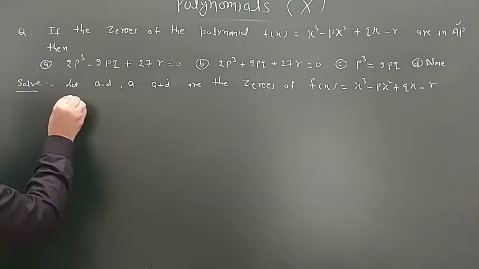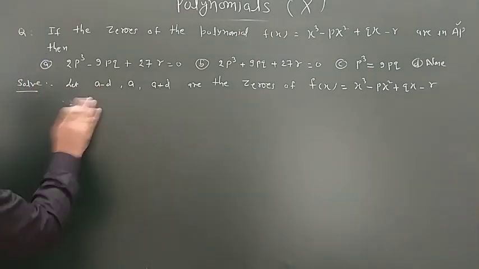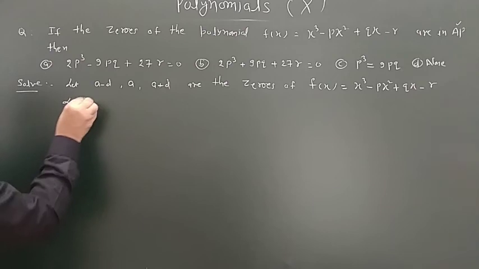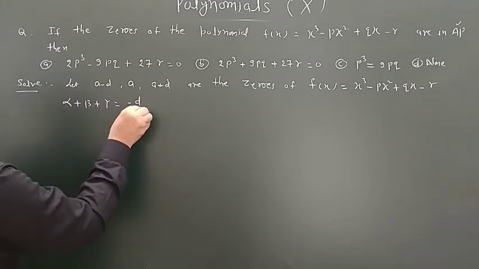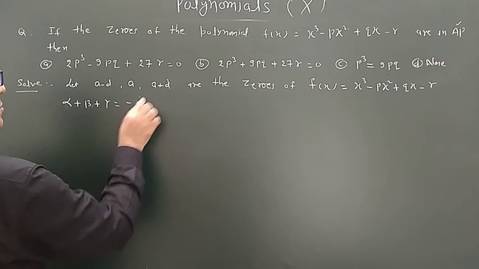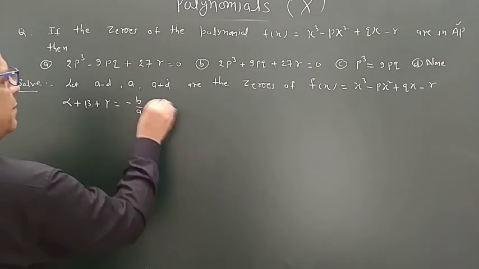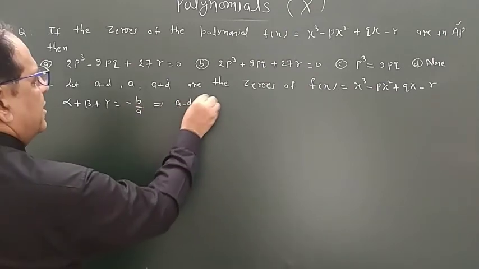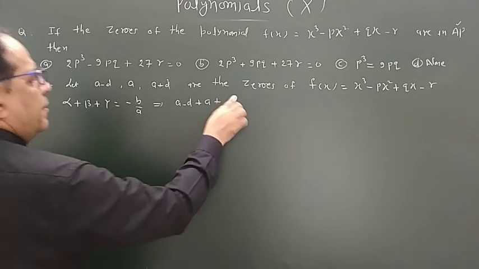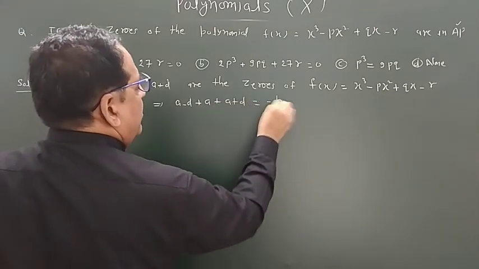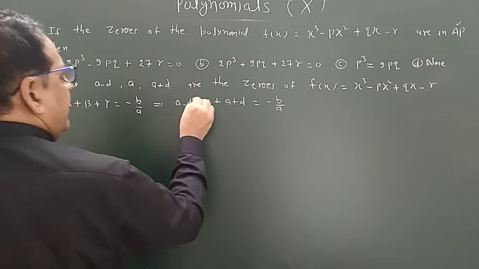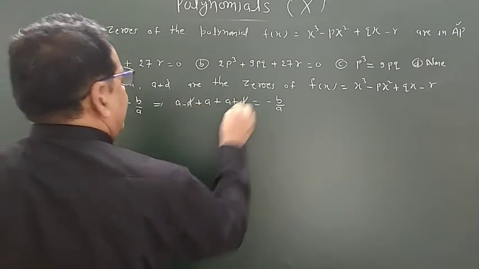So the first relation: alpha plus beta plus gamma equal to minus b upon a. That means A minus D plus A plus A plus D equal to minus b upon a. D and D cancel out.